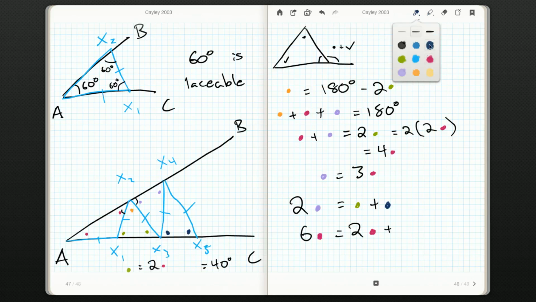Plus our dark blue dot. Okay. And then if we rearrange, we have the dark blue dot is 4 red dots. Interesting, interesting, interesting. Okay. And now, if it's 20 degrees, it starts to bounce back.